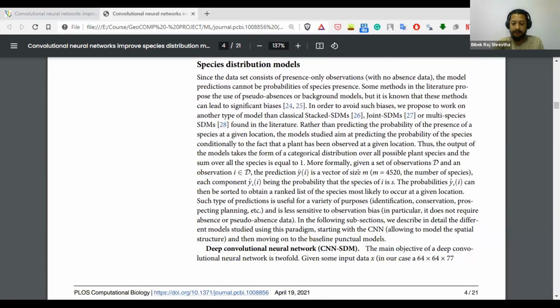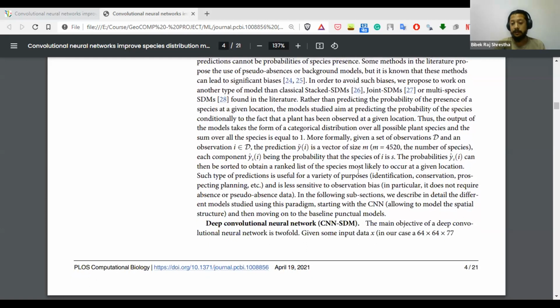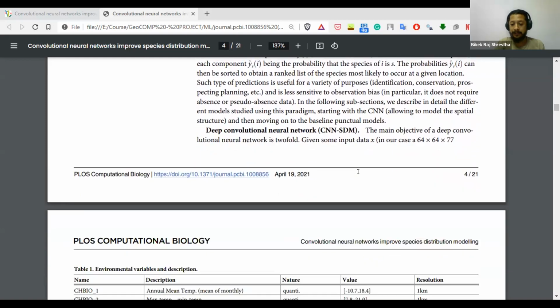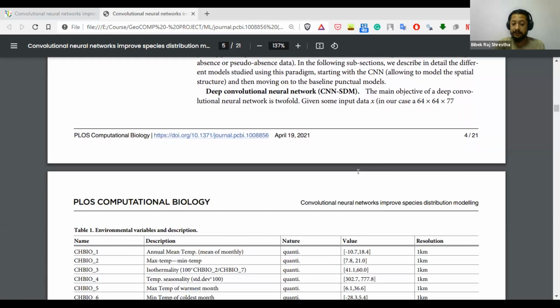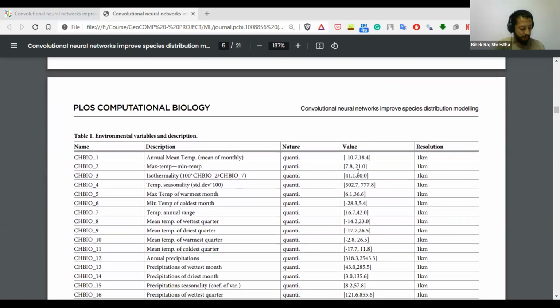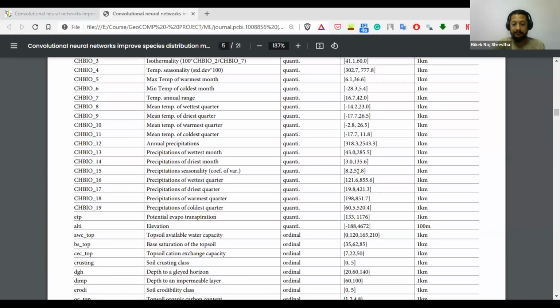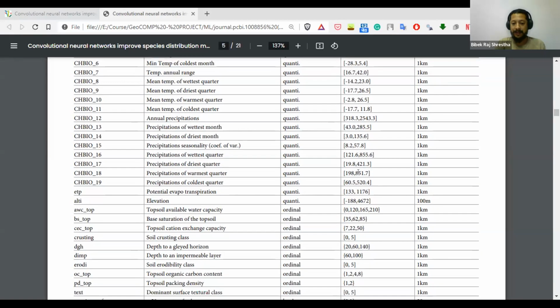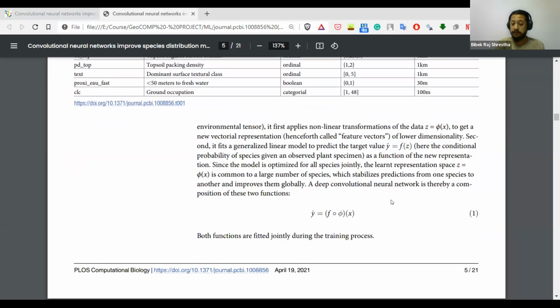They also compared the CNN with random forest and boosted trees. Regarding the results, they found quite good prediction mostly for the rare species rather than the frequent species, which makes a case that it's important for conservation implications in the future.